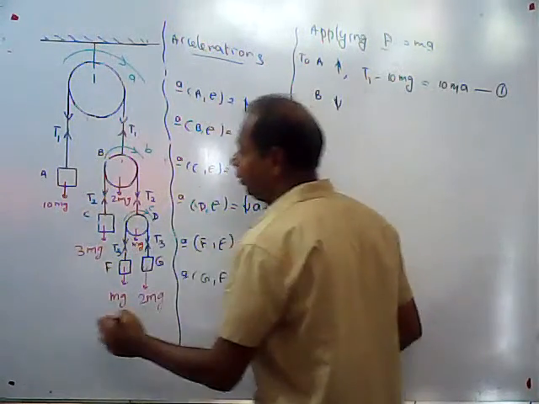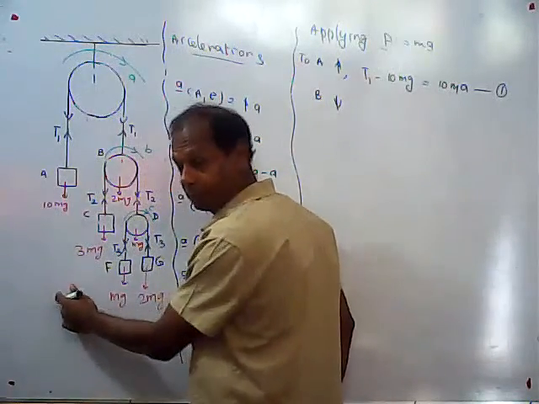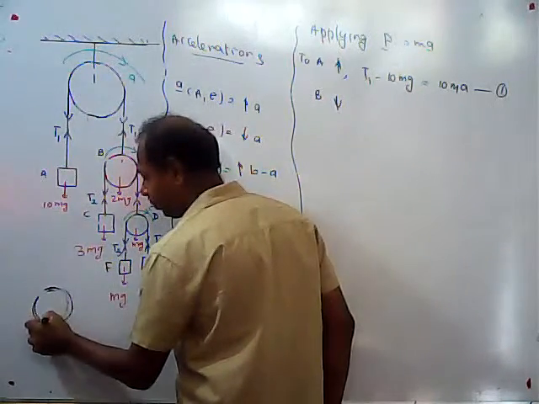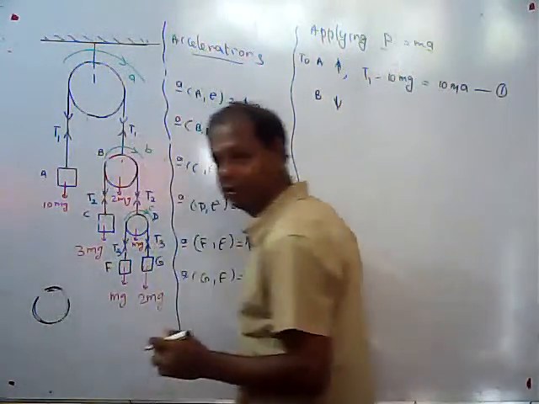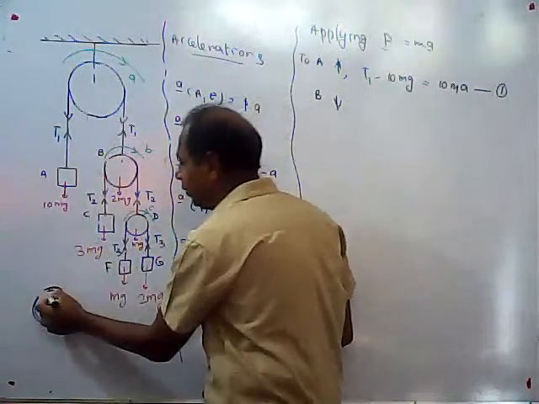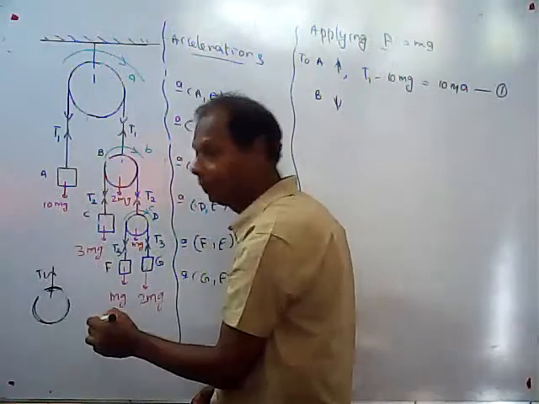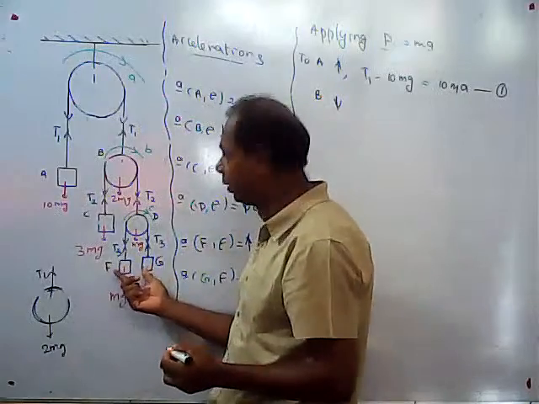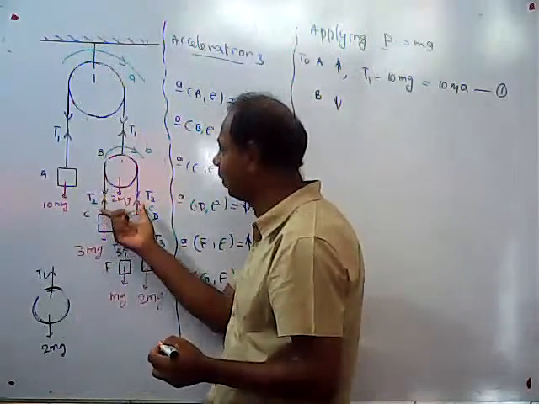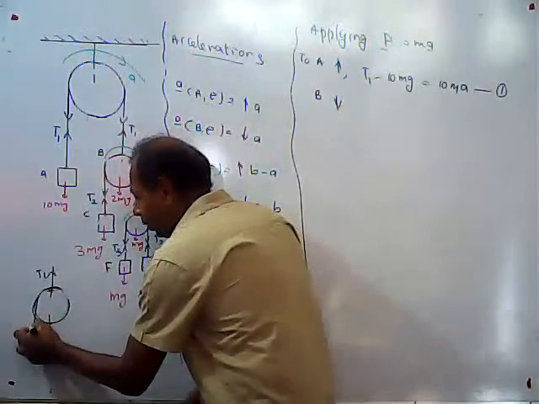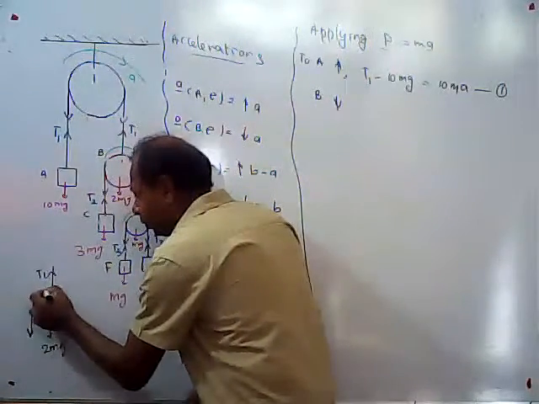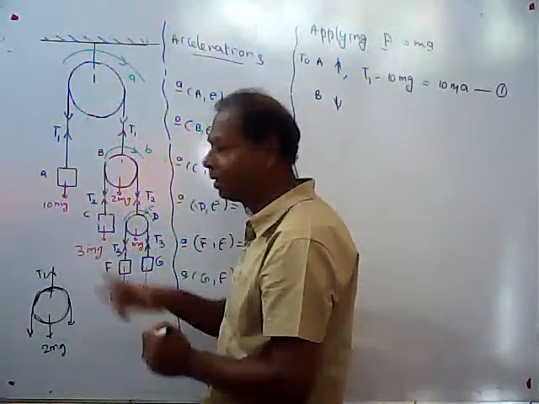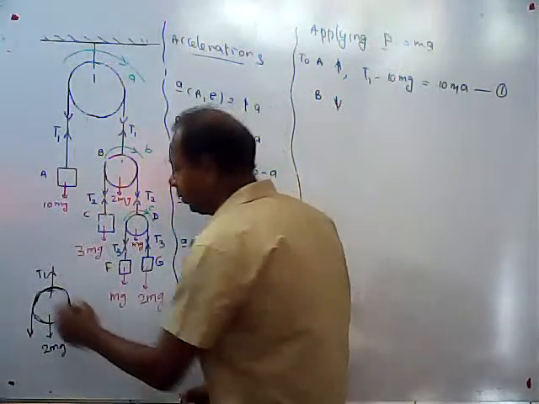When you take this moving pulley and draw it separately, the forces acting on it are T1 upwards, 2mg coming down, and the effect of these two via the rope, which appears as T2 and T2, right?